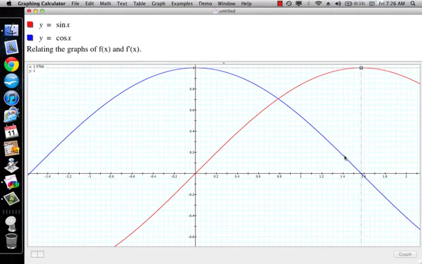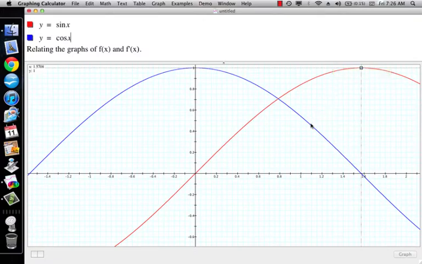So the blue line goes from being positive to negative. So this means the red line has positive slope. This means that the red line has negative slope. Right there, that means that the red line has 0 slope. And if I look up, sure enough, right at that point, y equals sine x has 0 slope.